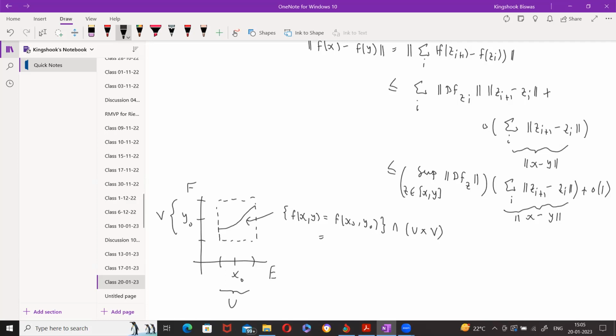So a point here is of the form, there's an x here, and this will be of the form (x, g(x)). So g is the implicit function defined by this equation, where y is defined implicitly as a function g of x.